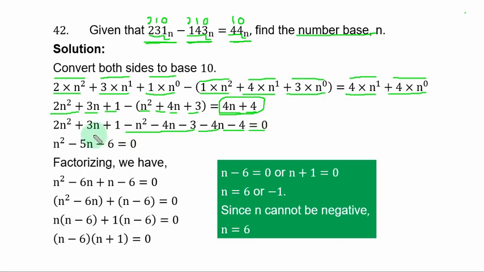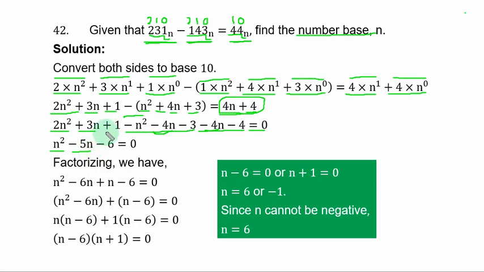We add like terms, 2n squared minus n squared, that is 1n squared, written as n squared. We have plus 3n minus 4n, that is minus 1n, minus 4n again, you have minus 5n.